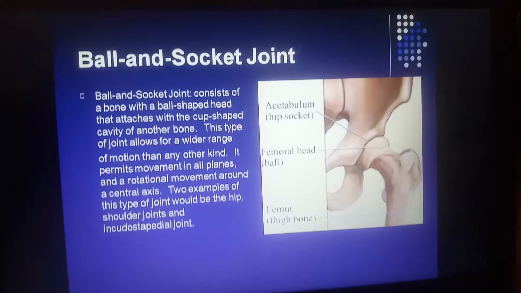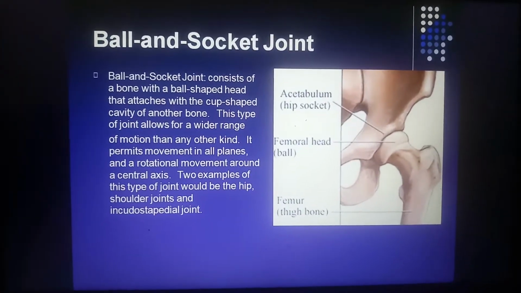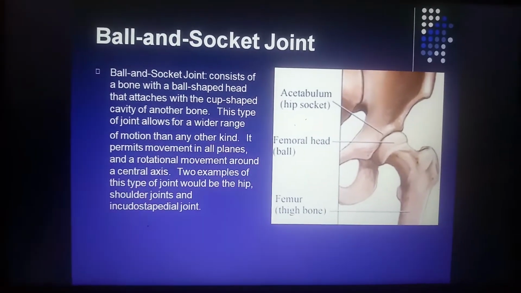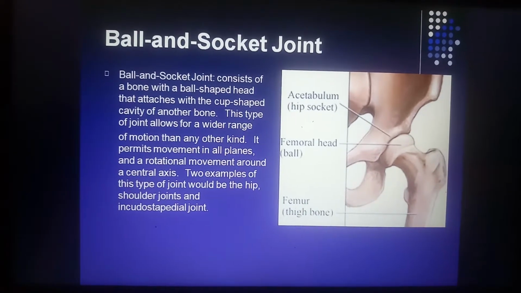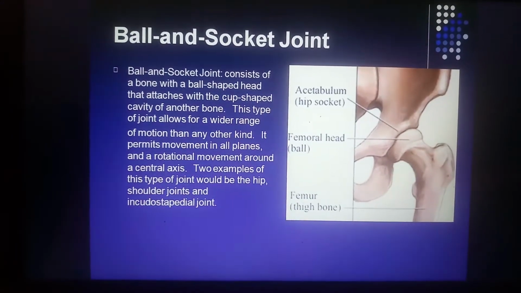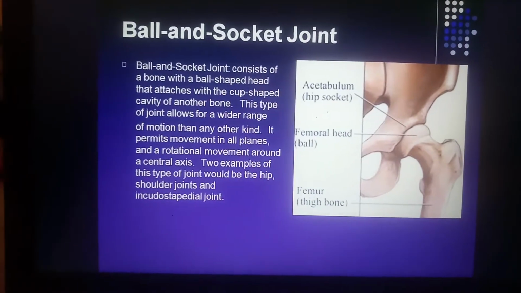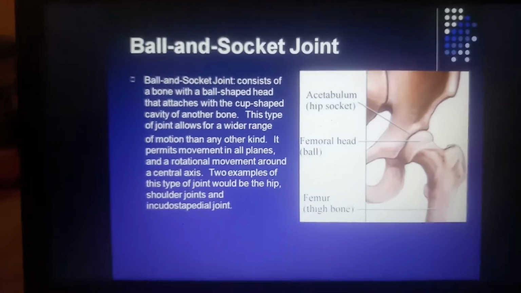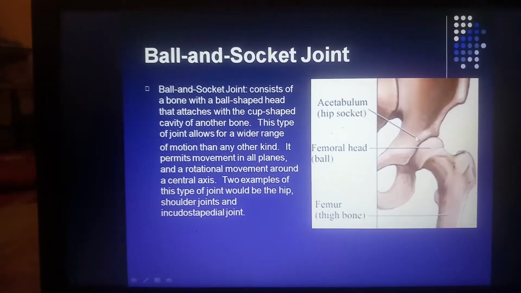Now the most popular and freely movable type of synovial joint is the ball and socket joint. Ball and socket joints are very common and very easily understandable. As the name indicates, one articulating surface will be like a ball, and the other articulating surface will act like a cup-shaped socket. As we can see in this diagram, the hip joint.